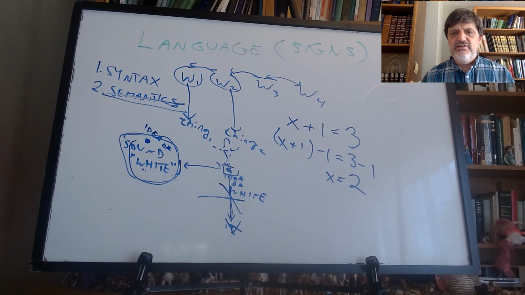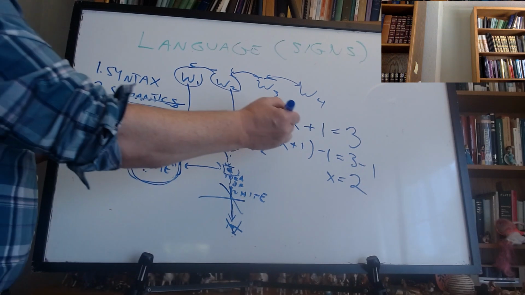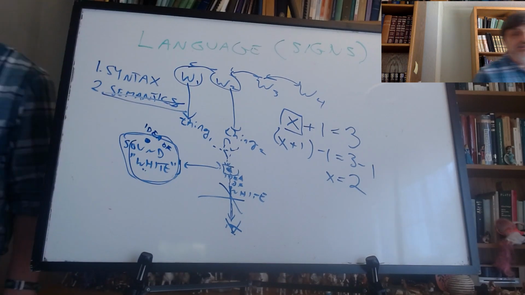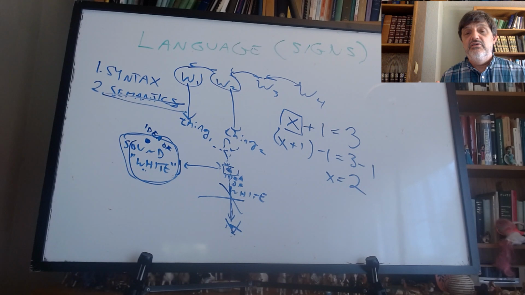Now, the way Berkeley is thinking about this is something like this. X always had to mean some particular number, right? That is, we can't add 1 to a number in general. That doesn't make sense. So x meant some particular number.